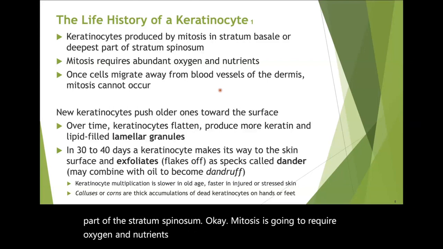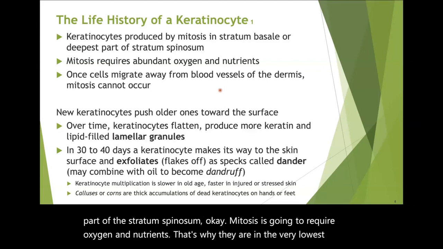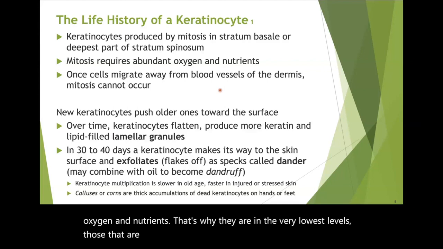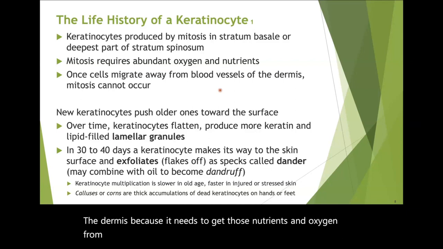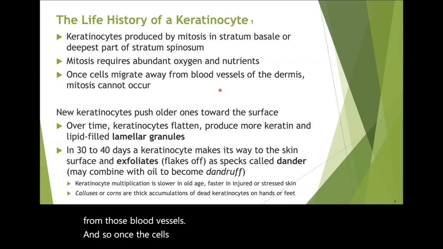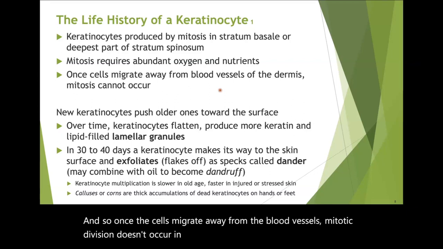That's why they're in the very lowest levels, those that are the closest to the dermis, because it needs to get those nutrients and oxygen from those blood vessels. And so once the cells migrate away from the blood vessels, mitotic division doesn't occur in those cells anymore.